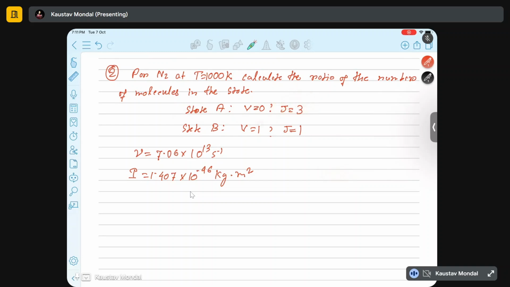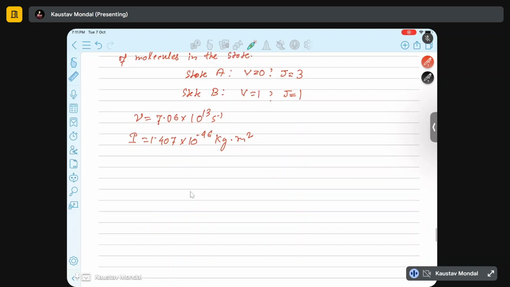And state B is vibrational state equal to 1 and rotational state also equal to 1. So for these two different states at a fixed temperature T equal to 1000 Kelvin, we have to calculate the ratio of the numbers of molecules for state A and state B.